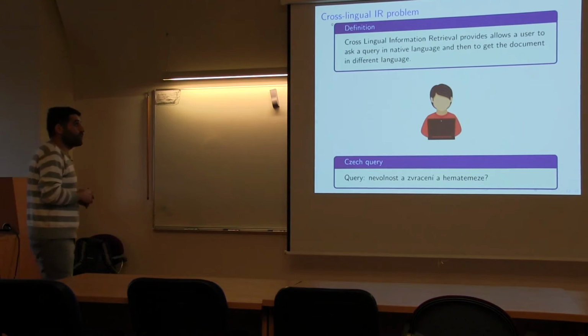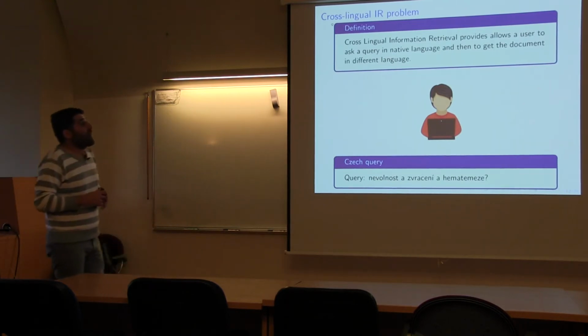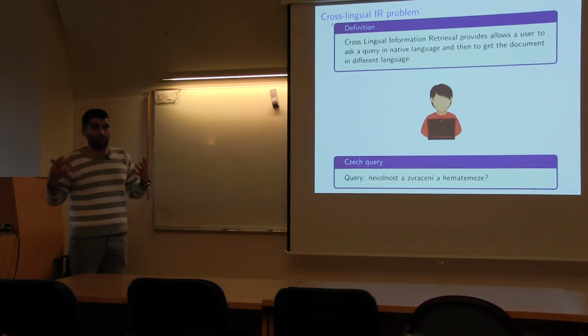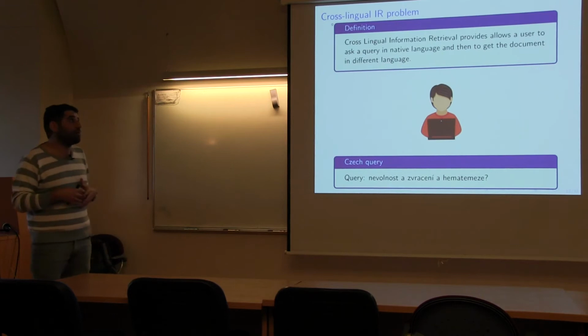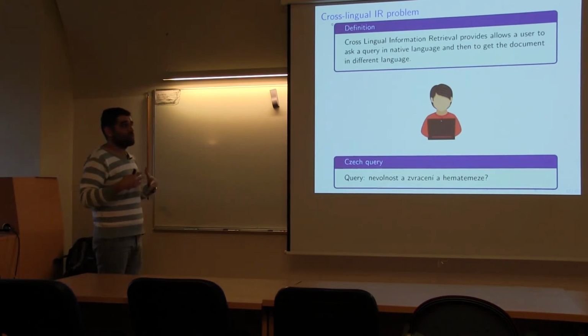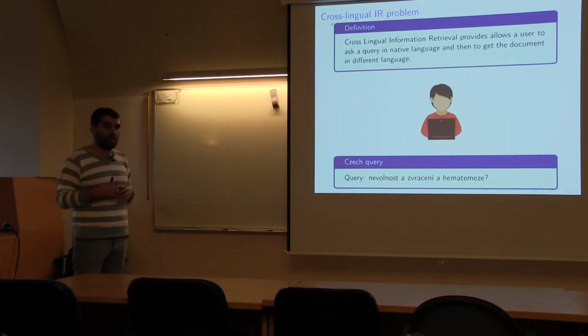Now we move to cross-lingual IR. At the beginning of the internet, almost all the web content was English, and then especially last decade, many languages started to grow more significantly than English.